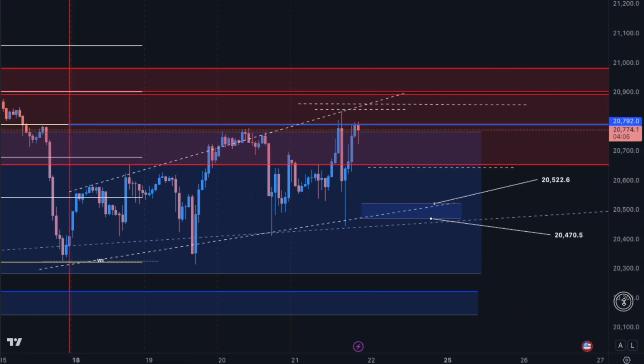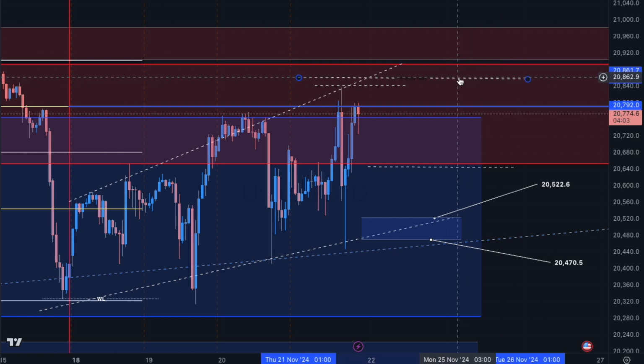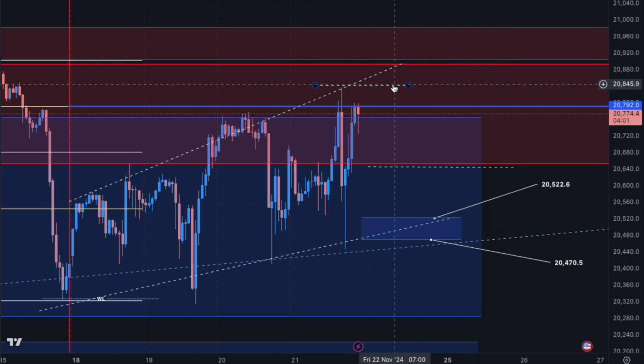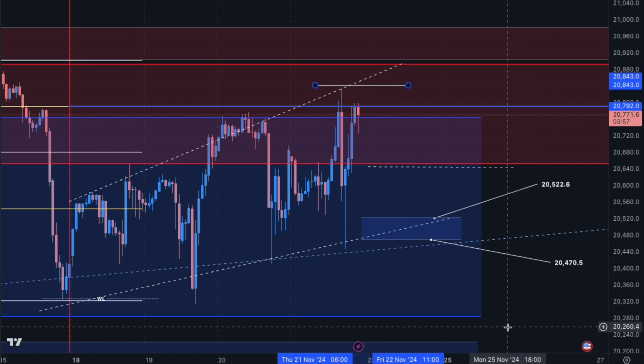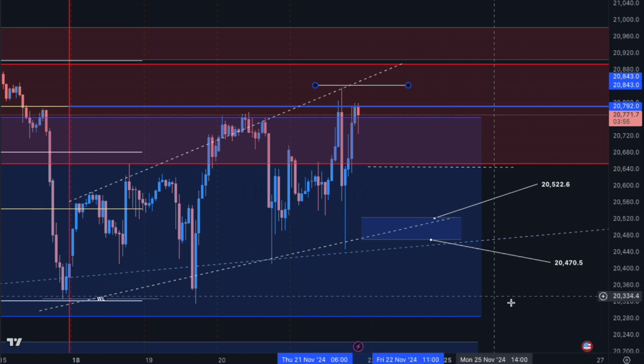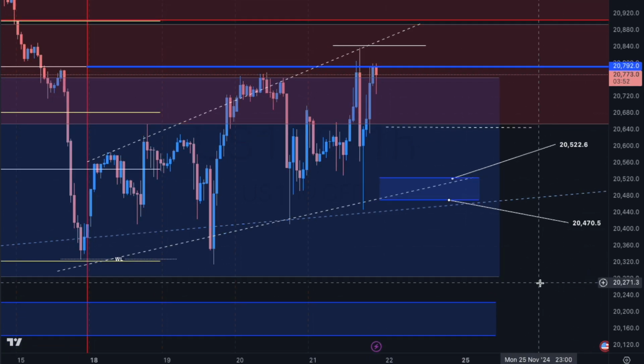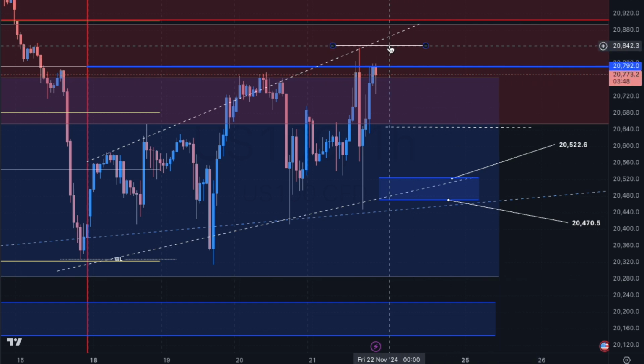actually let me get rid of some of these levels. Let me get rid of this actually. Let's make this a straight vertical line. This is the target area of where we believe price could go, and this could actually be in fact the weekly high. So let me just put that in place.